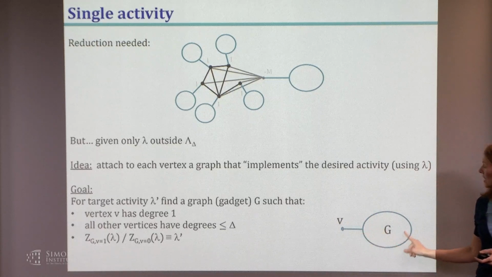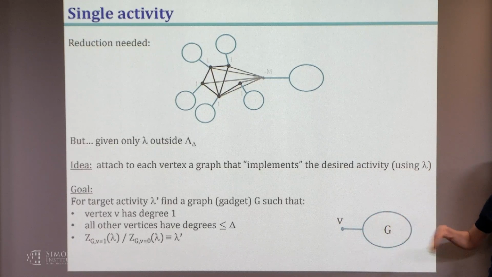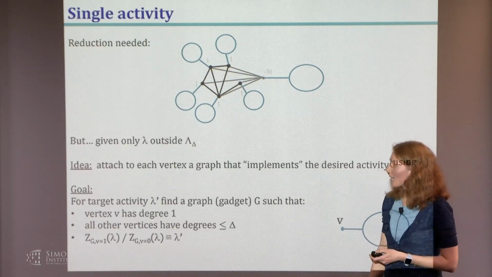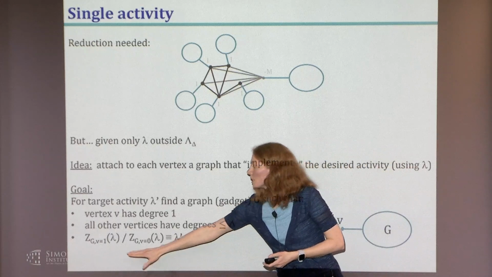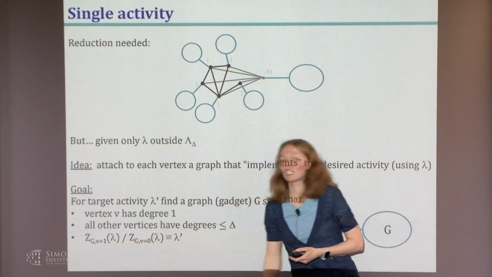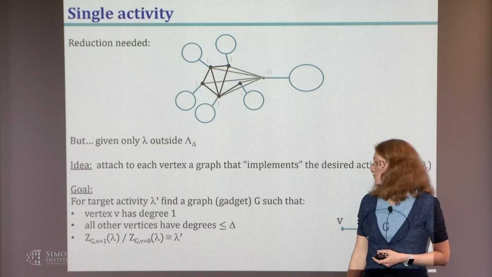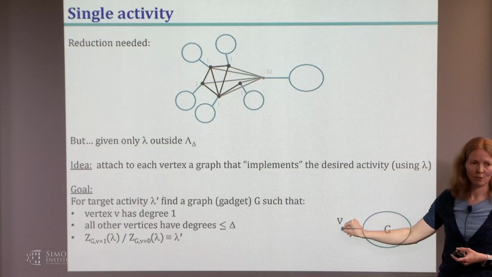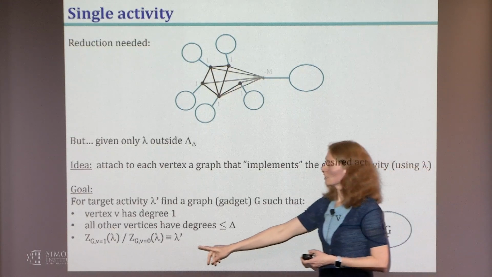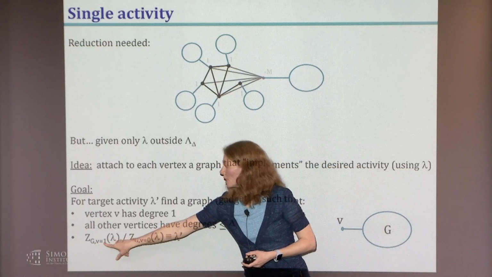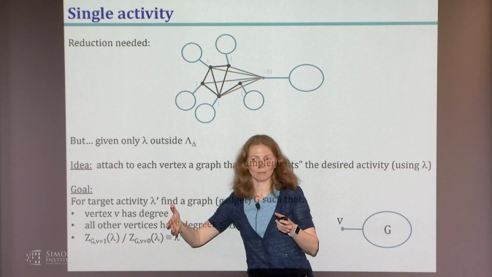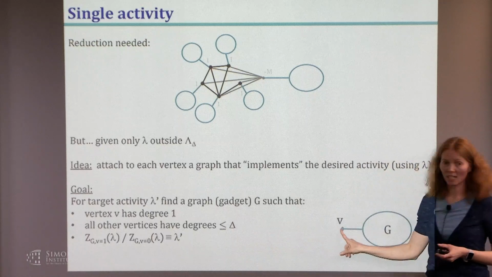All of the other vertices here are going to have bounded degree by our delta, the bound that we have on the degree. And we will want the contribution of the independent set polynomial when this vertex is in the set. I'm using this notation G, v equal to 1, where v equal to 1 means that I'm looking only at independent sets where v is in.